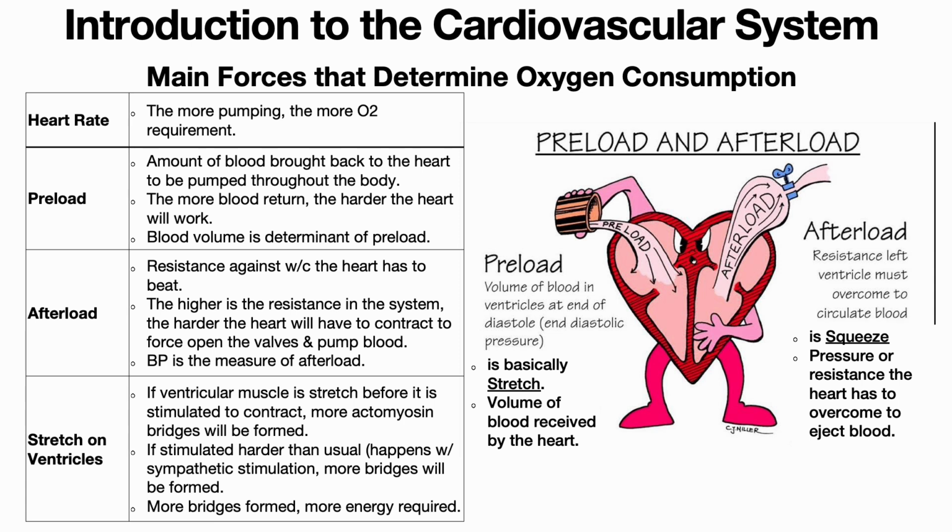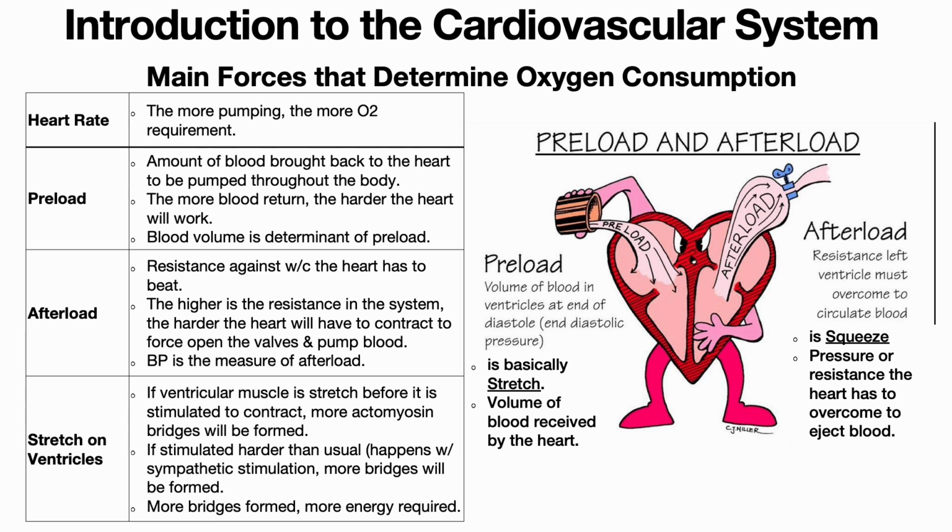So main forces that determine oxygen consumption, we have the heart rate. So the more pumping, the more oxygen requirement. The preload, which is the amount of blood brought back to the heart to be pumped throughout the body. The more blood returned, the harder the heart will work. Blood volume is determinant of preload.